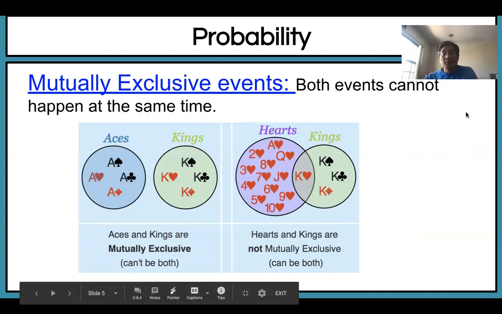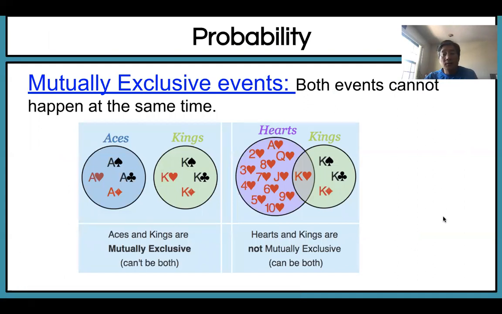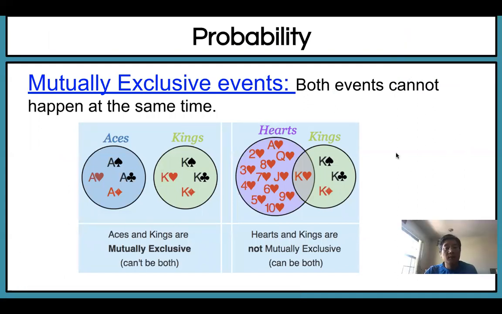Now, before we talk about independent and dependent, let's understand what mutually exclusive events are. Mutually exclusive means both events cannot happen at the same time. There's nothing in common. They never take place at the same time, like this. This is mutually exclusive. But in this one, there's an intersection between hearts and kings, so they cannot be mutually exclusive.